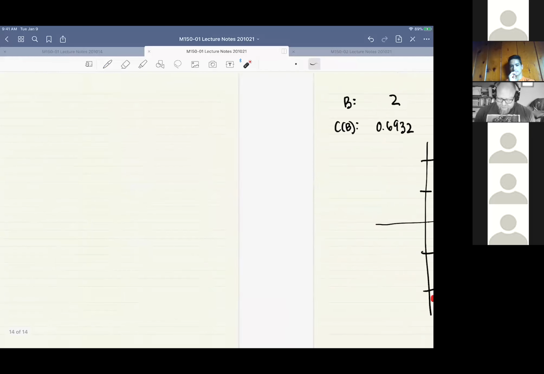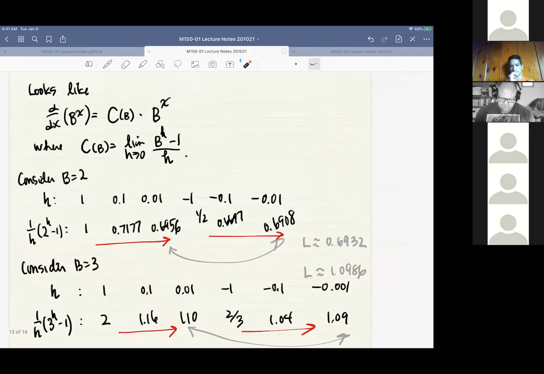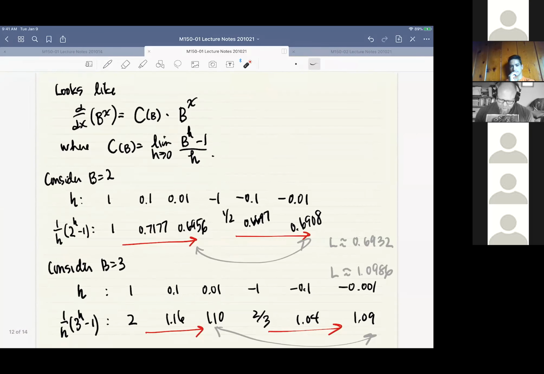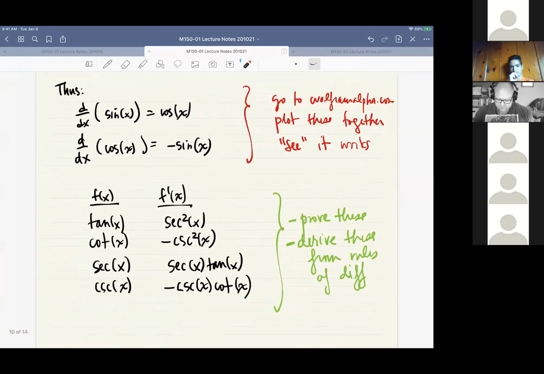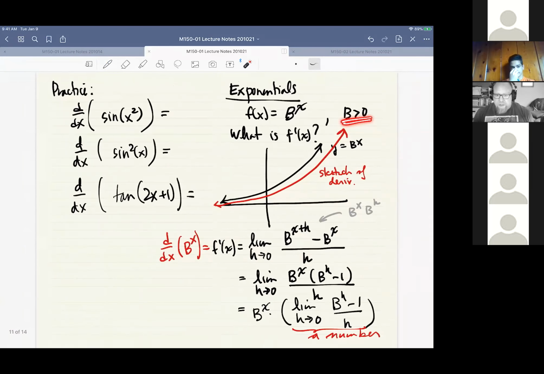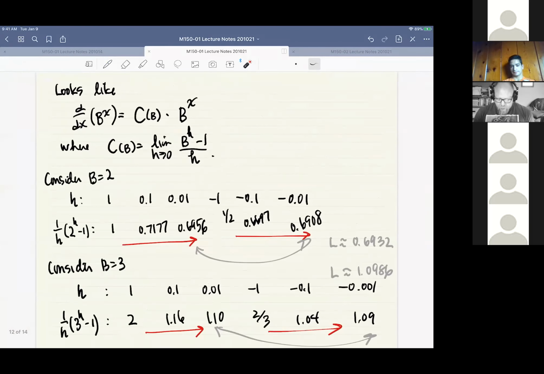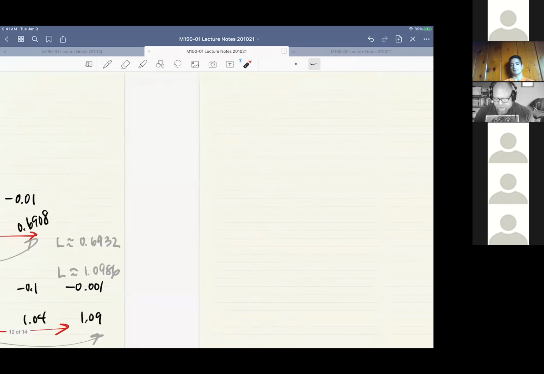But let's look at something. Oh, wow, I skipped the whole page. Here, we're talking about functions of the form b to the x. And so what did I say about b? Way at the beginning, right here, b can only be positive. So this whole process only works if b is positive.